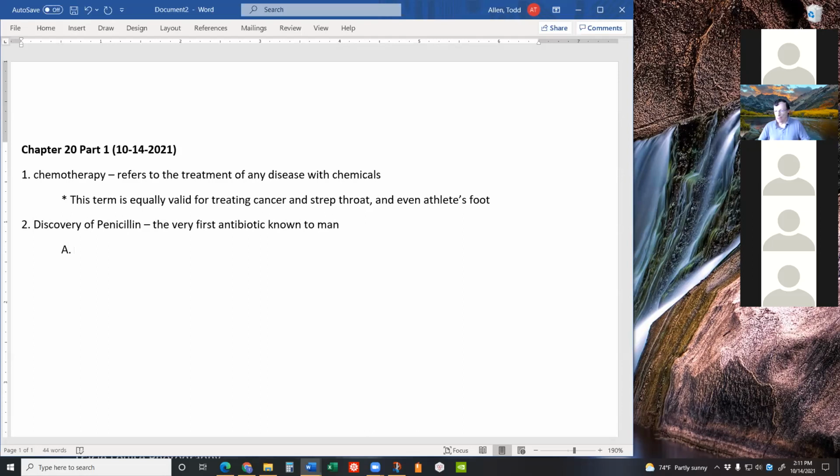Penicillin, or I should say the effect of penicillin, not literally the molecule penicillin, but what penicillin was capable of doing, was first observed by Alexander Fleming in 1928. The effect of penicillin to kill bacteria was first observed and identified by Alexander Fleming in 1928.